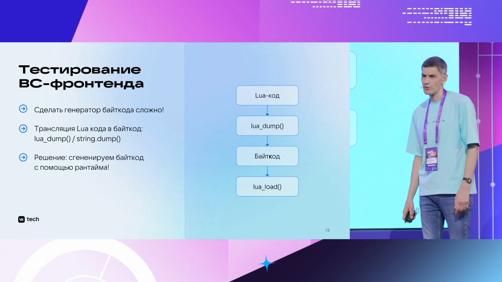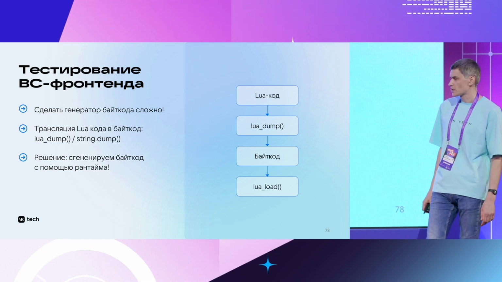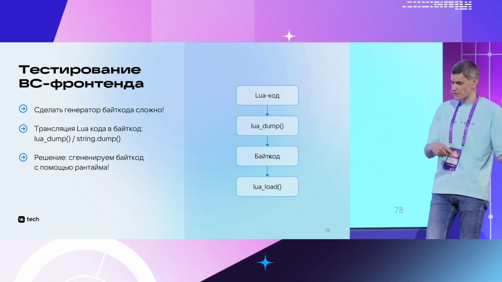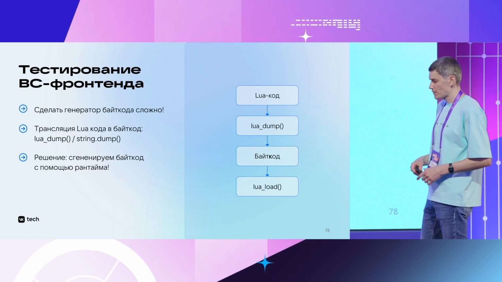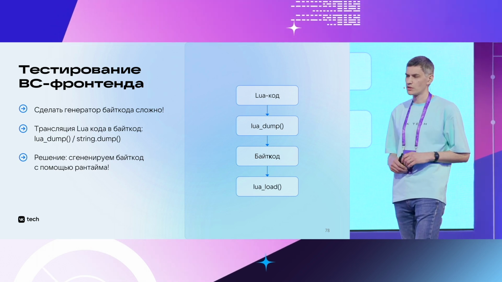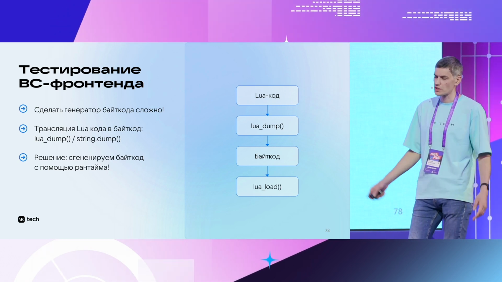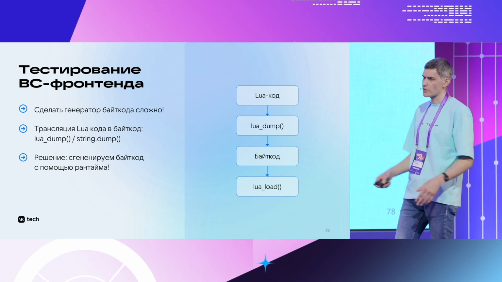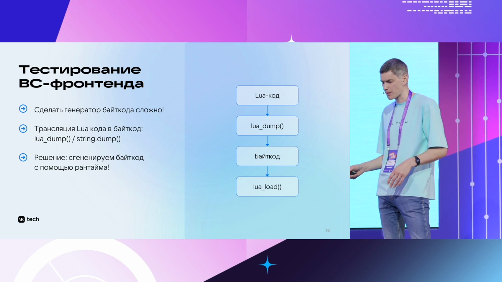Testing of the bytecode front end. Bytecode execution shouldn't lead to any problems in LuaJIT. We couldn't send the randomly generated code. It's so written that we may have some data memory leaks.